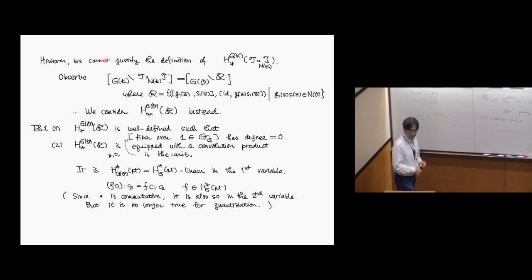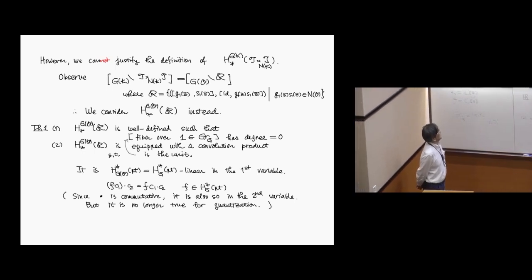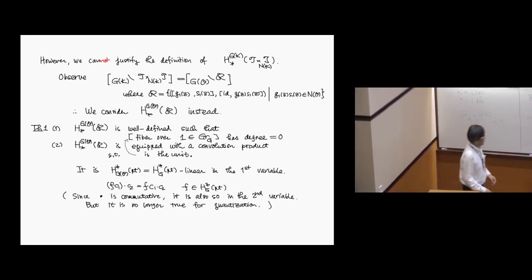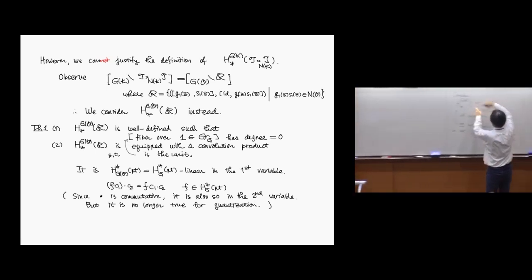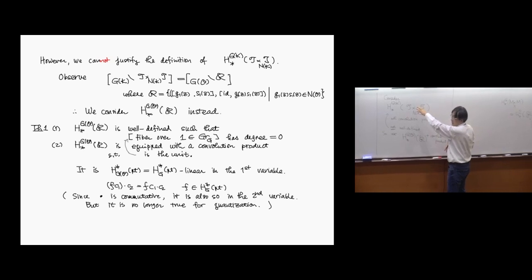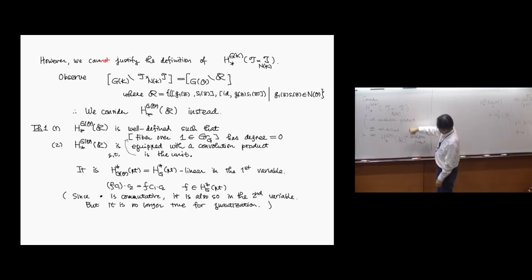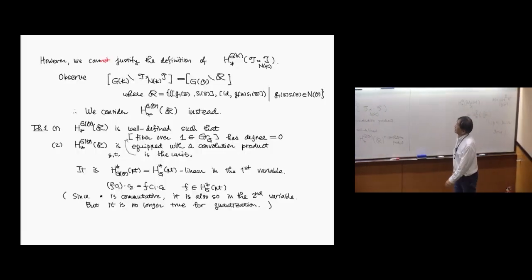The unit is the fundamental class over the fiber of the affine Grassmannian. In this description, the fundamental class of the diagonal is the unit. If you translate it into here, then you see why this is naturally the unit.